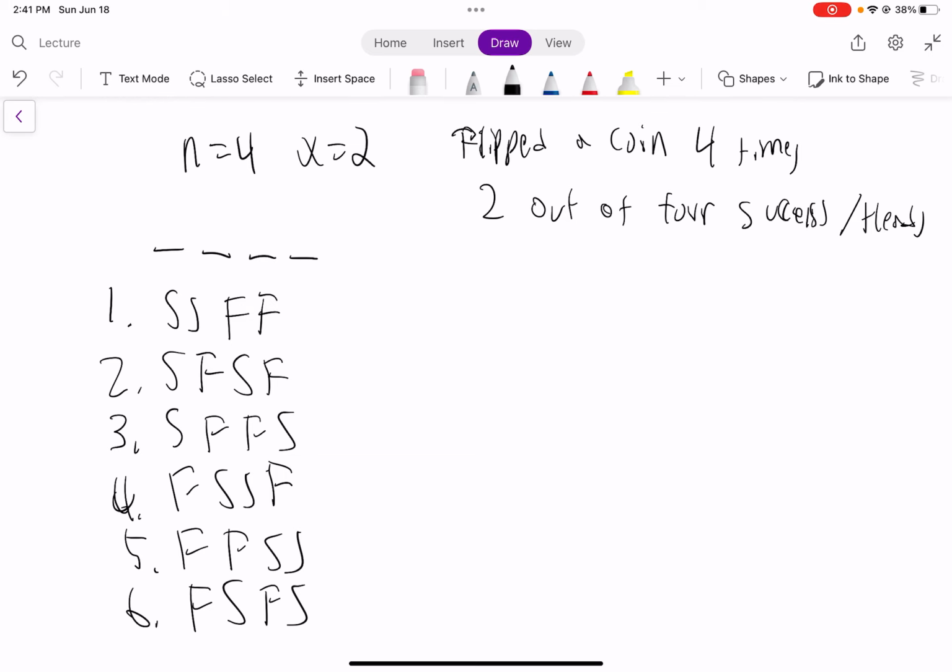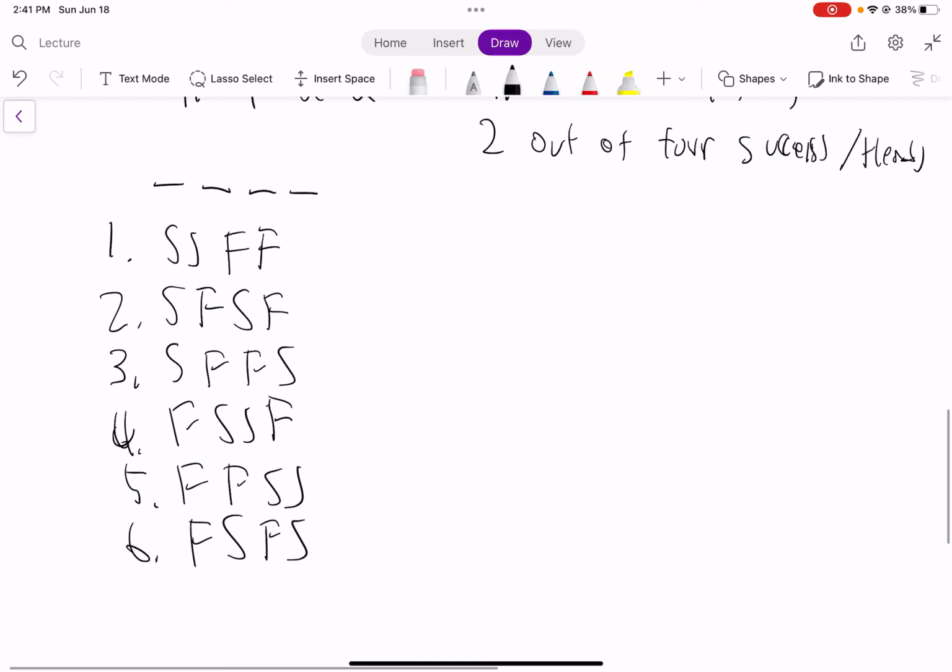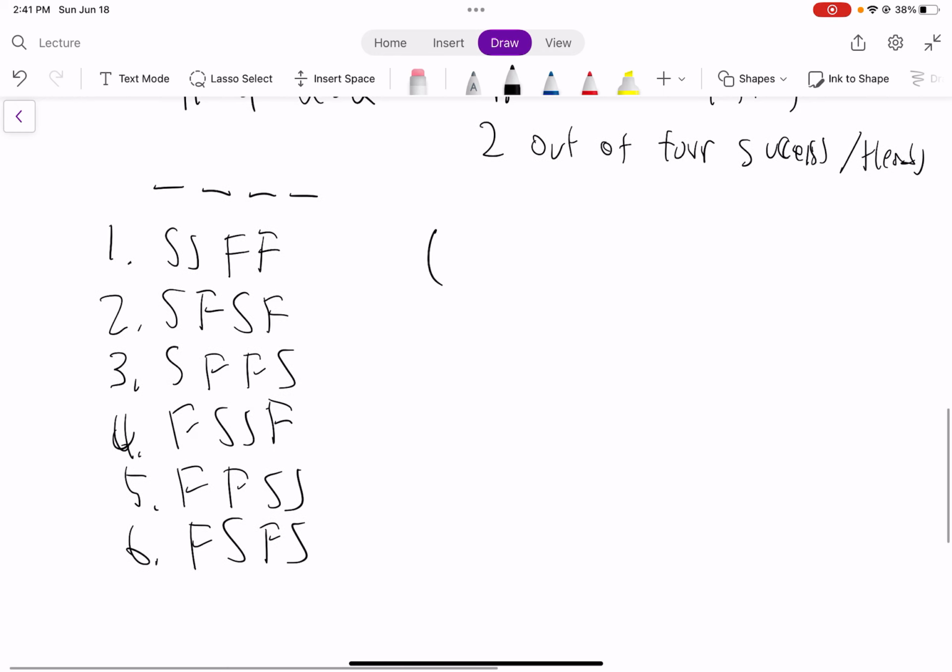So n could be 5, x could be 3, and then n minus x could be 2. So what's the way to do this? I'm just going to give you the answer. The answer is the combinations, okay?